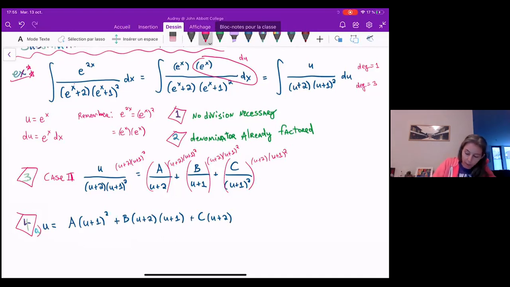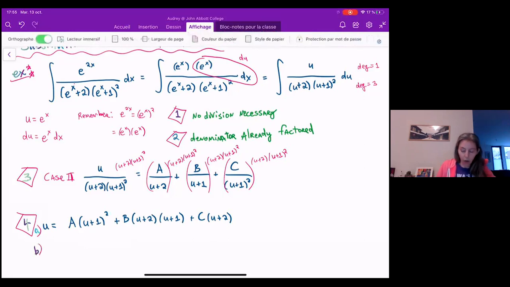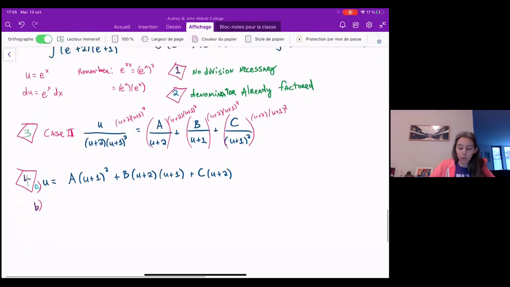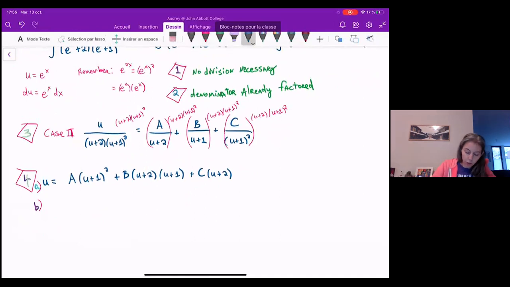And then for step B, we want to plug in starting with the zeros of the denominator. So here I'm plugging in u values, not x values. I'm just going to start off by setting that denominator equal to 0, u plus 2 times u plus 1 squared equals 0. So I get my zeros are negative 2 and negative 1. So we'll start with u is equal to negative 2.